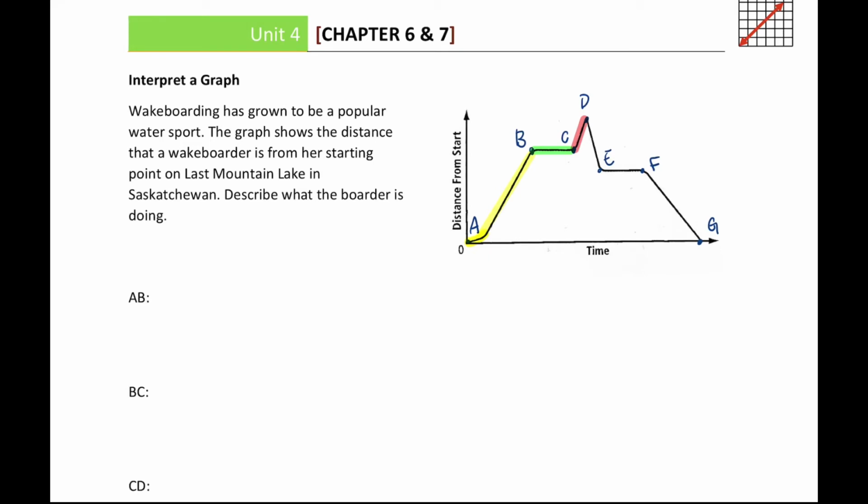The graph looks steeper than A to B. And then we can see that D to E we drop down in distance from the start. And then E to F, the distance didn't change, it's constant. So from F to G, the distance decreases and it looks like the distance went to 0. So distance from the start went to 0, which means that this person has come back to the starting point.